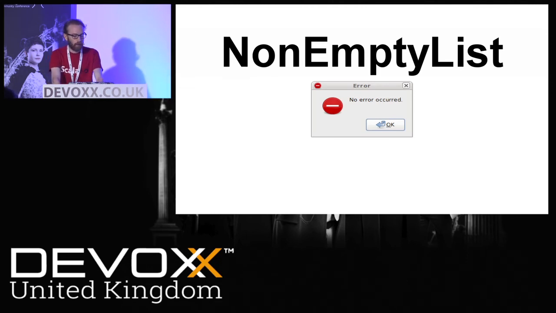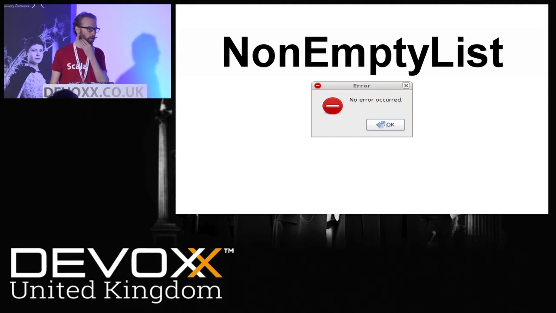It's because you're accumulating errors. Instead of accumulating them in a list, where the empty list would mean I got an error but I don't have any error, it doesn't make any sense. So you're using a non-empty list to make sure you have at least one error. This kind of error can be just suppressed if you're using a non-empty list.